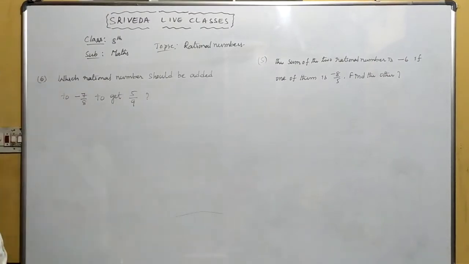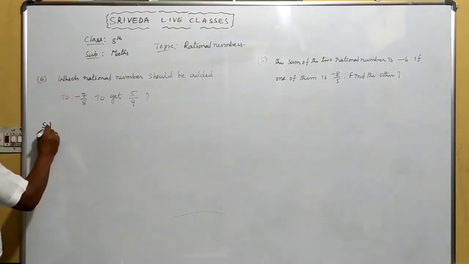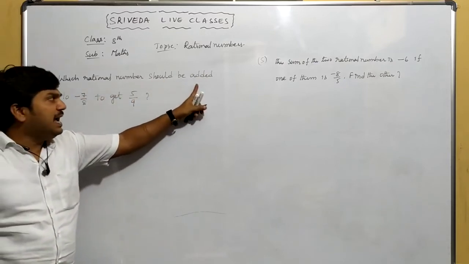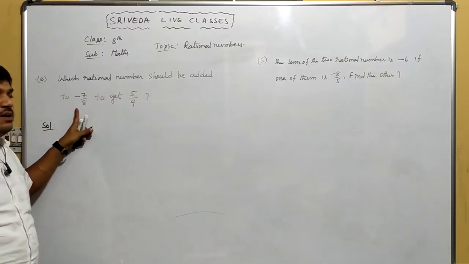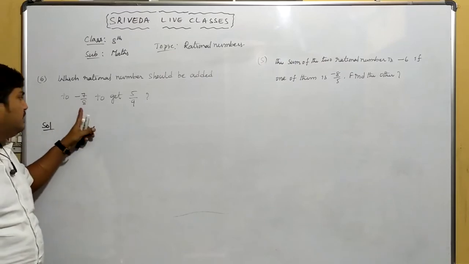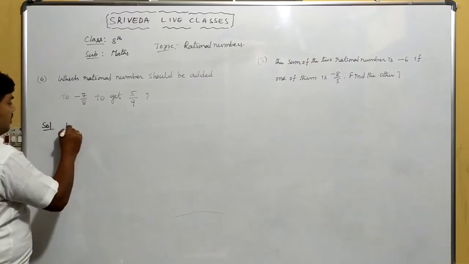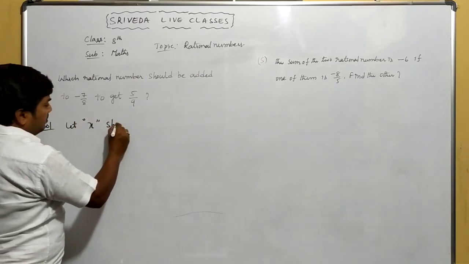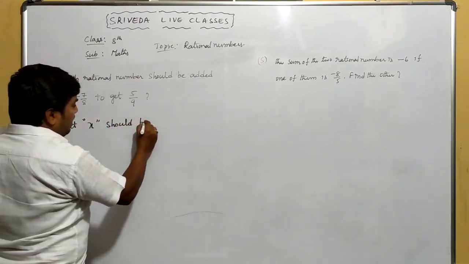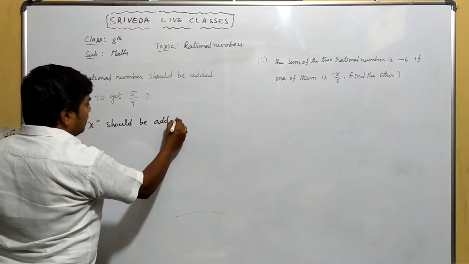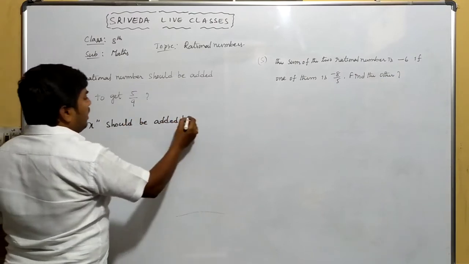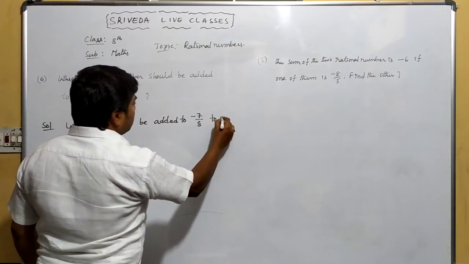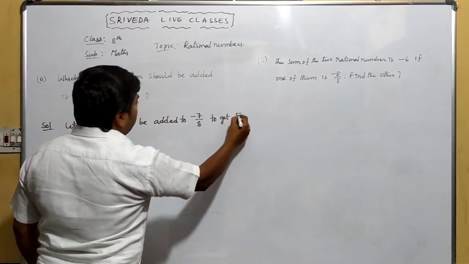You see that solution. Let x be the number that should be added to minus 7 by 8 to get 5 by 9.